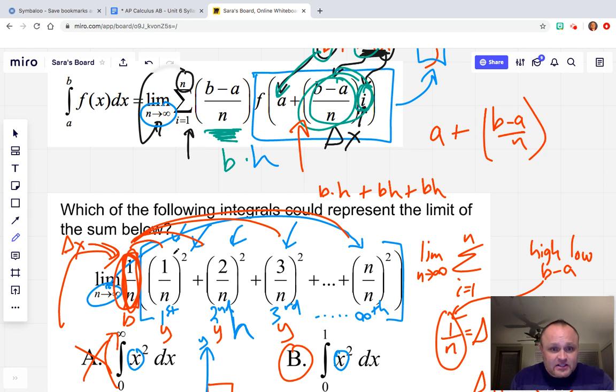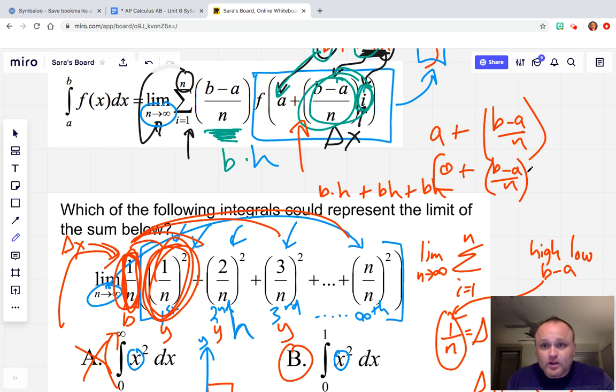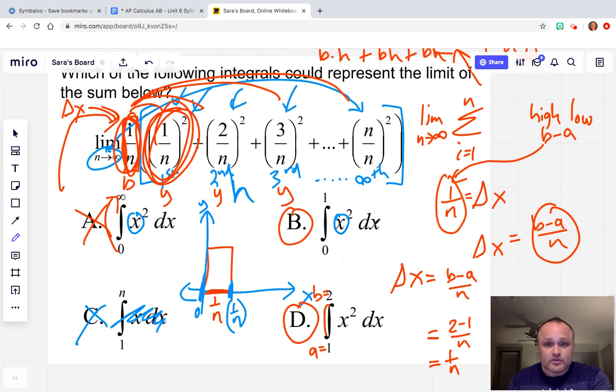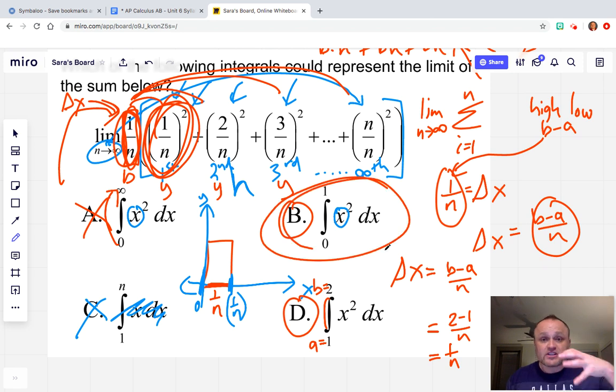That's like taking this right here and saying it could be 0 plus b minus a over n, and that's going to be quantity squared. So this 0 says you're starting at 0, okay? So that's why it's going to ultimately be B, it won't be D.